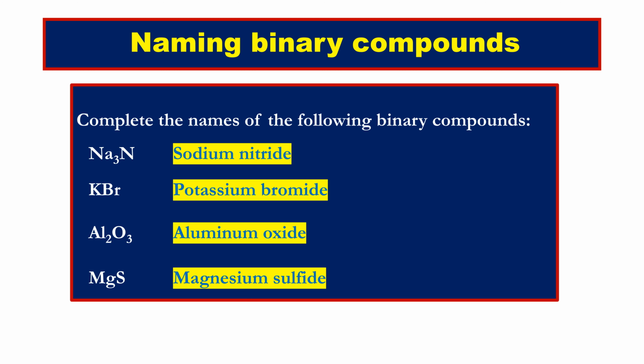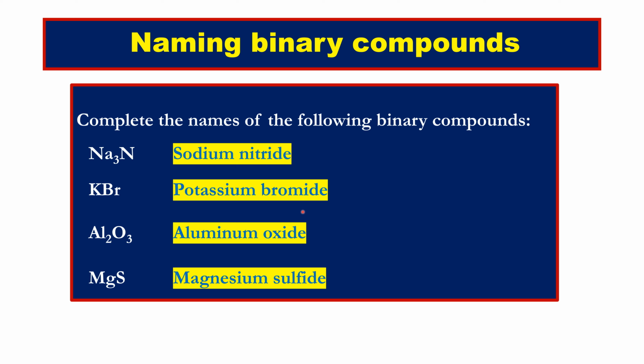So let's have a look at these examples. Complete the names of the following binary compounds. Na3N is sodium nitride. We started with the metal, we named the metal, and we ended the non-metal with -ide.